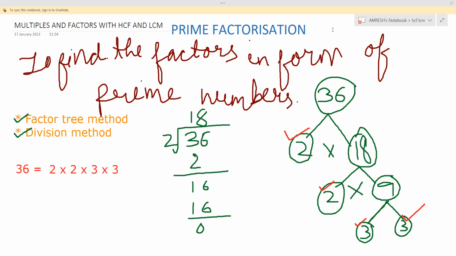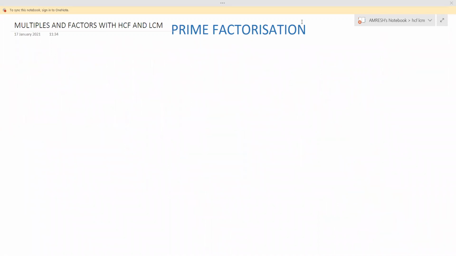Done. One more question I will explain to you. Okay. Let's take 48. 48 is an even number, so it is divisible by 2.